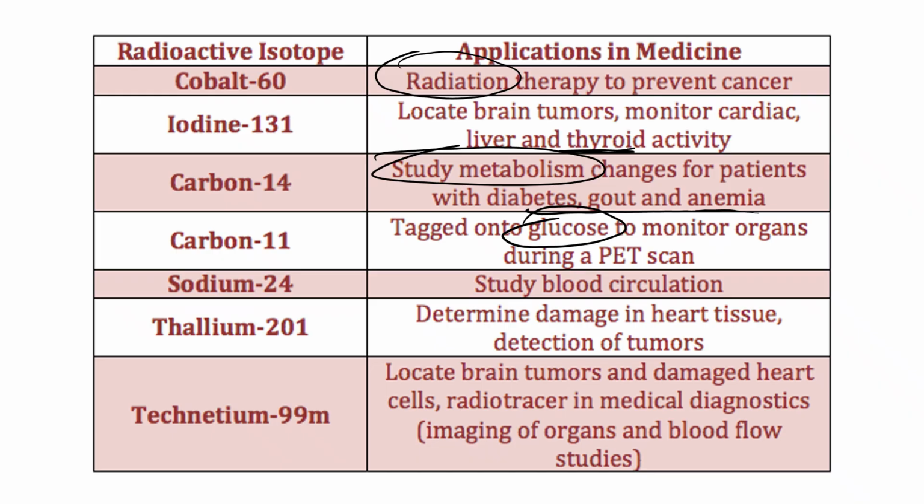Sodium-24 is used to study blood circulation. Thallium-201 determines damage in heart tissue and detects tumors. And technetium-99, that's Tc, locates brain tumors and damaged heart cells, or serves as a radio tracer in medical diagnostics. It's used to image organs and blood flow.